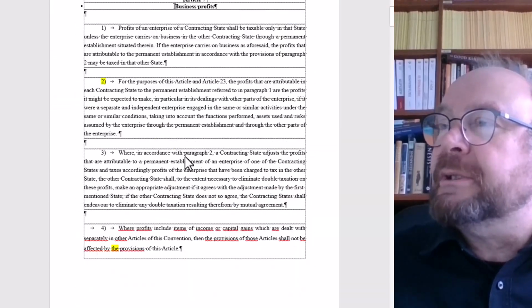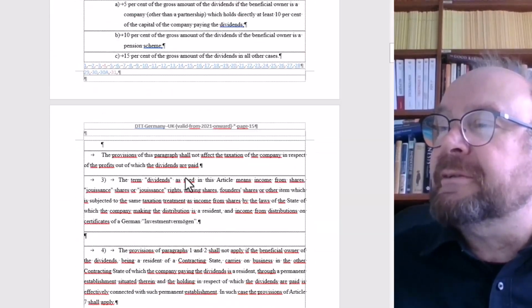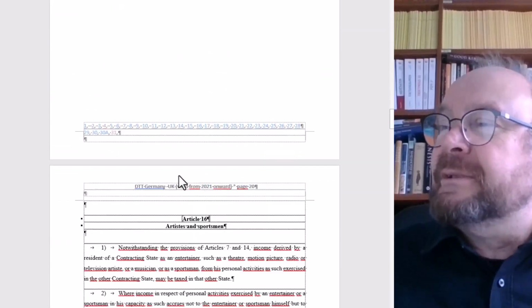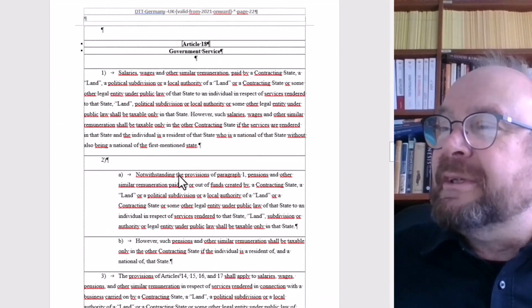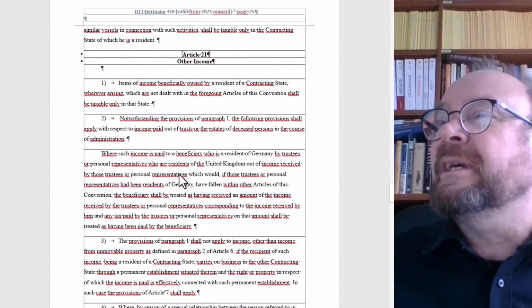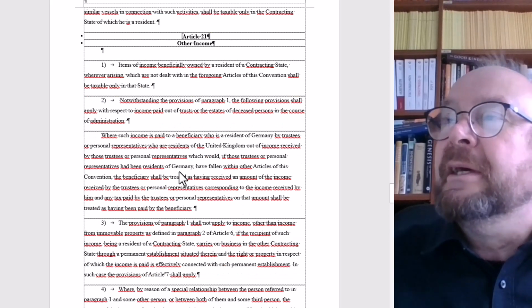21. Where is 21? Let us look and find Article 21. If Article 21 is really Article 21 in the British Treaty, that has to be found out by scrolling, and there we have other income.